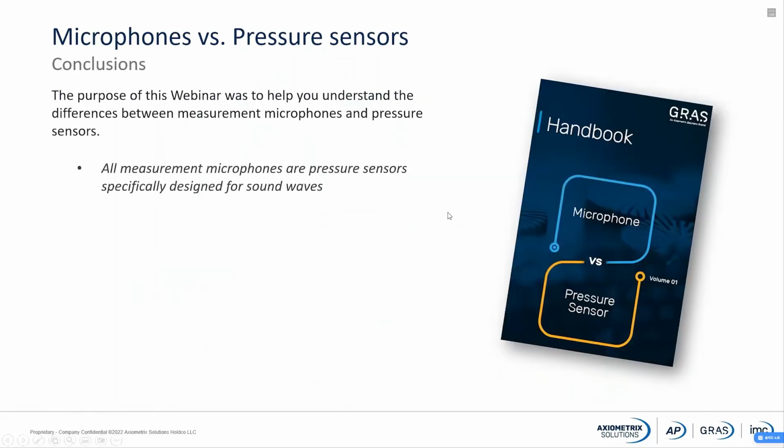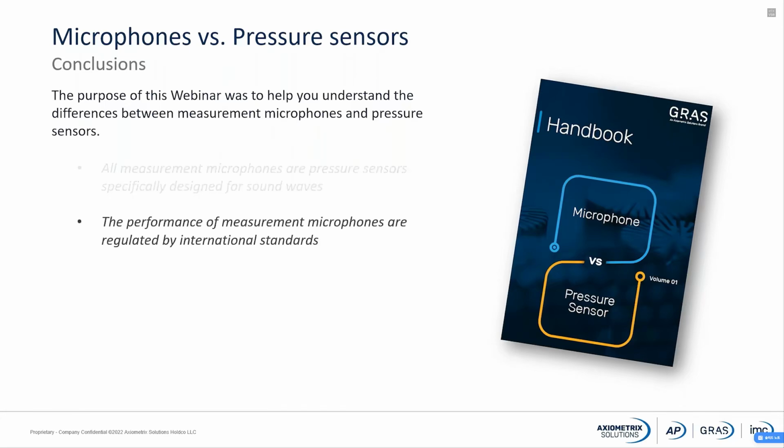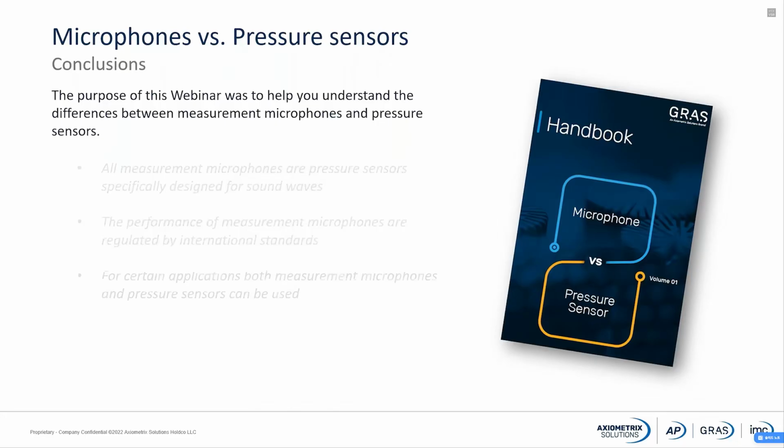So the conclusions for this meeting: the purpose was to help you understand the differences between measurement microphones and pressure sensors. All measurement microphones are pressure sensors, specially designed for sound waves. The performance of measurement microphones is regulated by international standards.